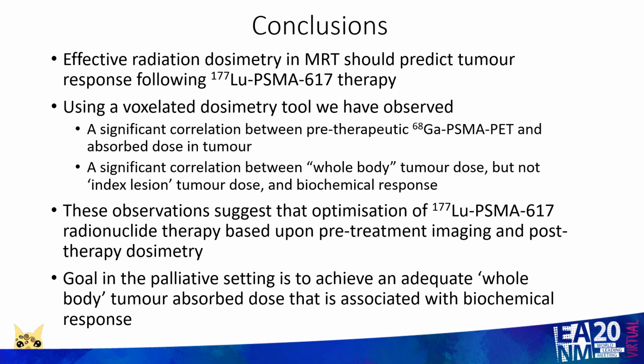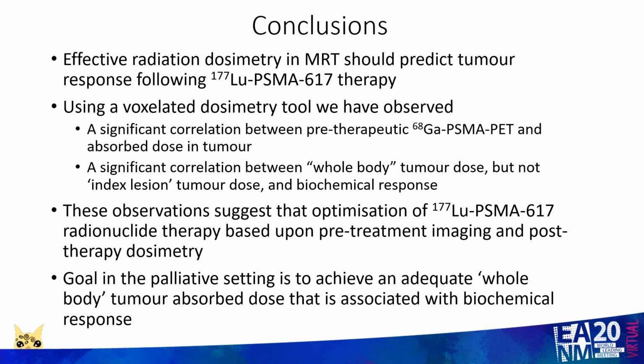And what we have shown using our voxelated dosimetry tool is that if you look at whole body tumour absorbed dose, but not index lesion dosimetry, biochemical response clearly does relate to whole body tumour absorbed dose. We also see that there's a significant correlation between the pre-therapeutic gallium PSMA PET scan and absorbed dose in tumour.